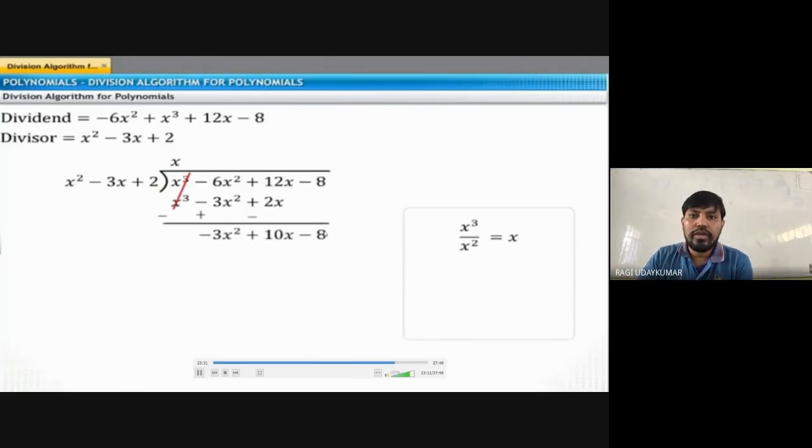That polynomial is to be written here and subtracted.